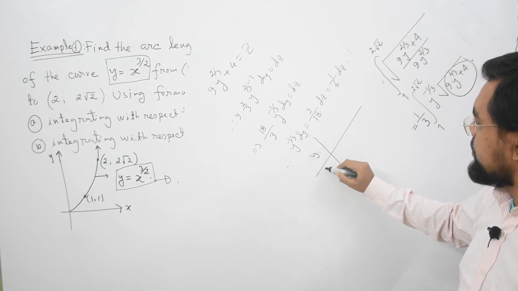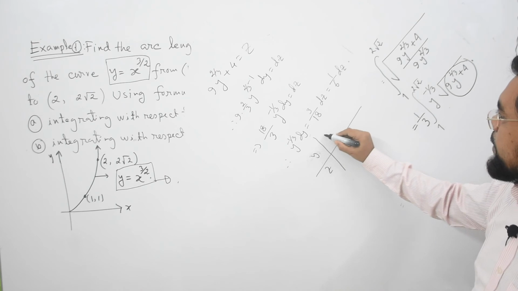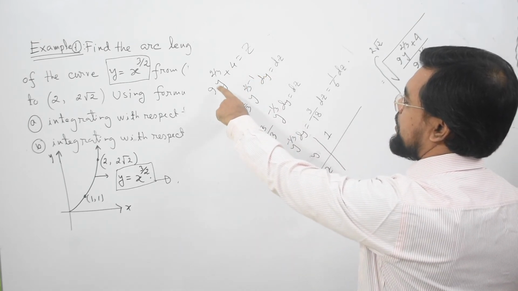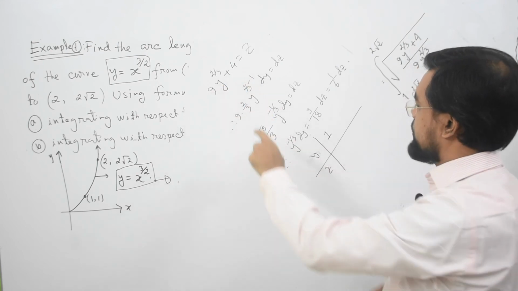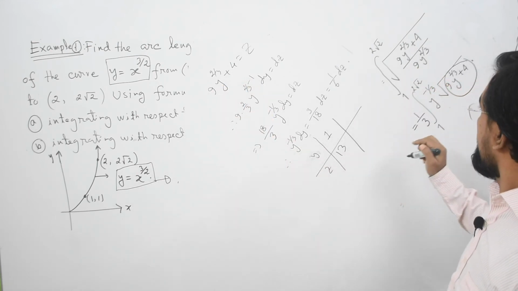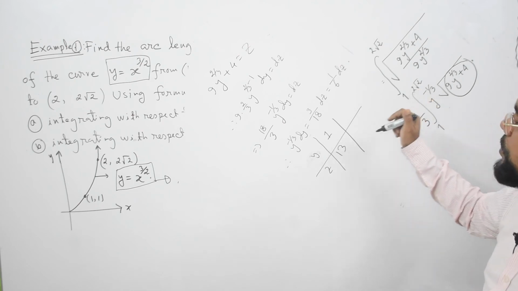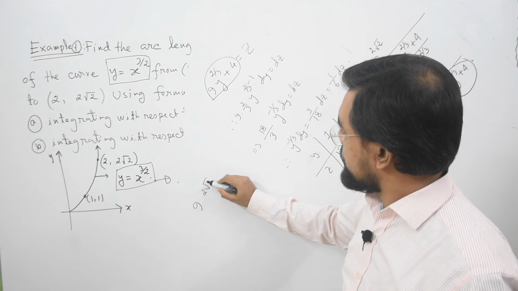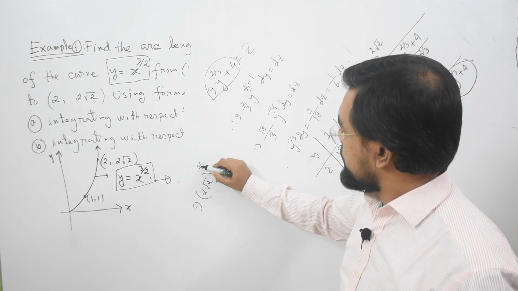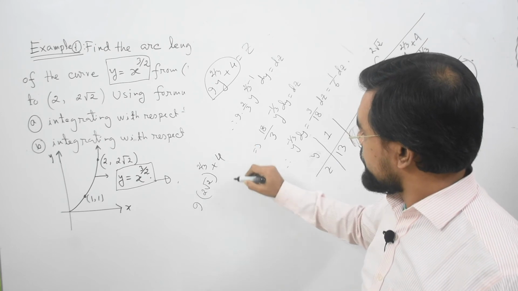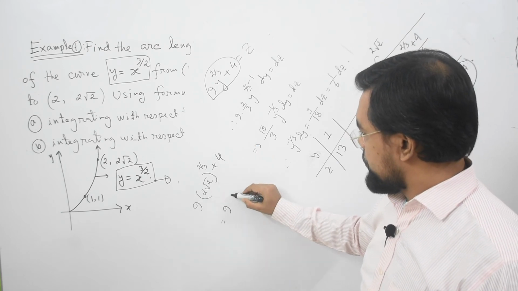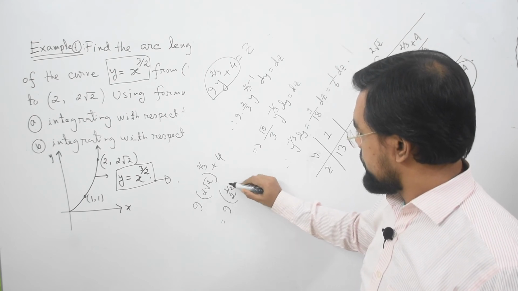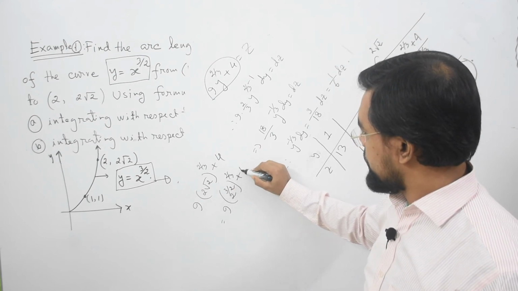y and z. When y equal to 1, z will be what? When y equal to 1, z will be 9 plus 4, it means 13, and y equal to 2 root 2, then z will be what? 9 times 2 root 2 whole to the power 2 by 3 plus 4, 2 to the power 3 by 2 whole to the power 2 by 3 plus 4.